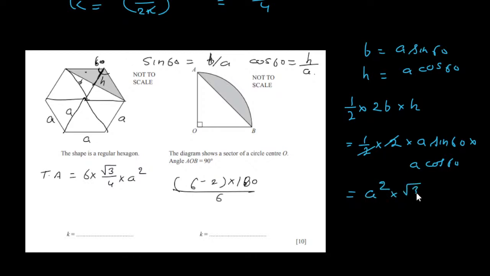Sin 60 is root 3 divided by 2, cos 60 is 1 by 2. So it's root 3 divided by 4 a square. So k, the shaded area, is root 3 divided by 4 times a square, and the total area is 6 times root 3 divided by 4 a square. This will cancel, and I have the value of k as 1 by 6.